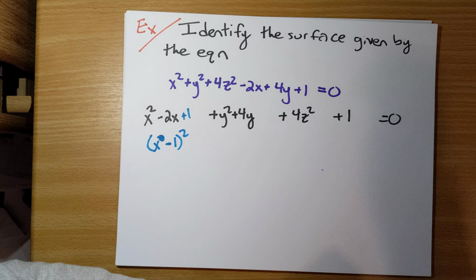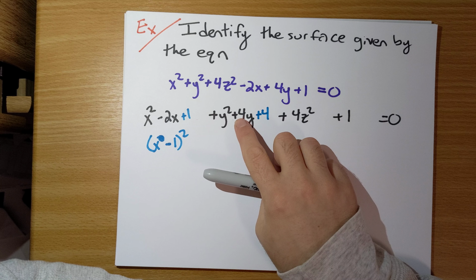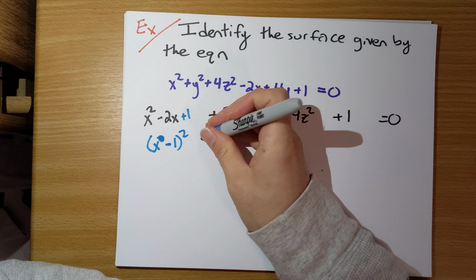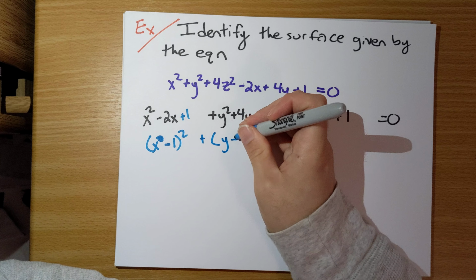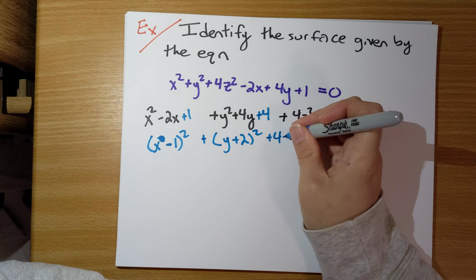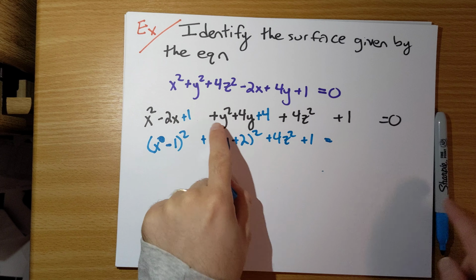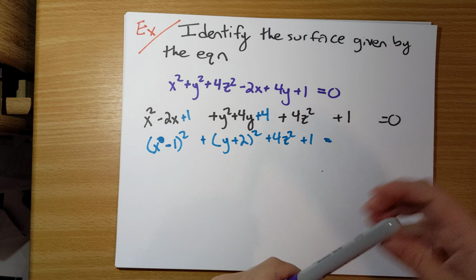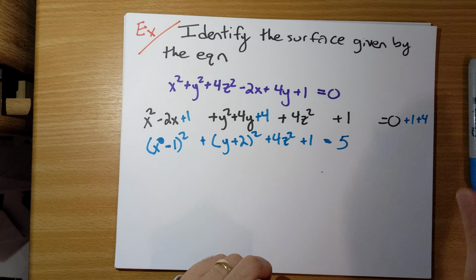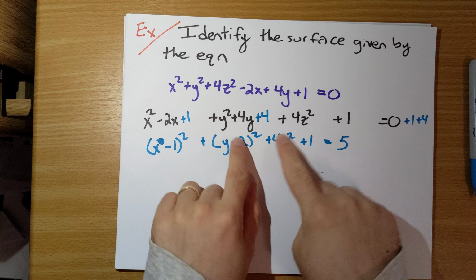Over here, the correct thing to add would be plus 4, because 4 divided by 2 is 2, and 2 squared is 4. So this one becomes y plus 2 quantity squared, plus 4z squared plus 1 is equal to, what did we do here? We added on plus 1 and plus 4. So this is our transformed equation, and now it's starting to look a little tighter.